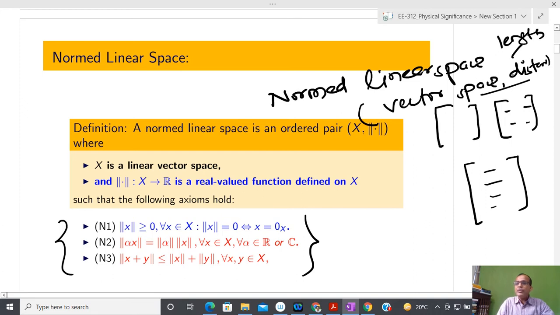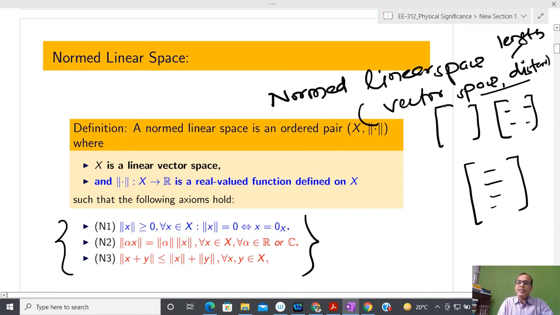If I know the distance and length, then I can do a lot of things. I can define continuity, I can define limits, I can define some topological concepts, and I can define nearness or proximity. For that reason, this normed linear space is very important. What is the lacuna of a vector space?